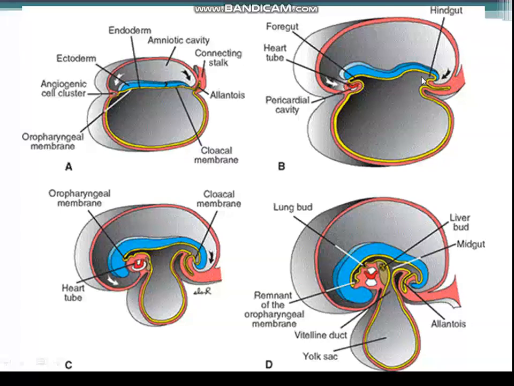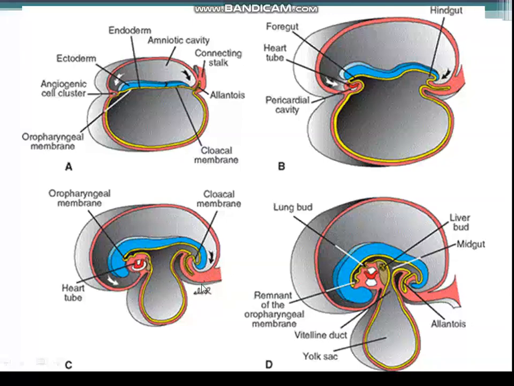The primitive gut is lined by the endoderm germ layer, and the yolk sac cavity together with the allantois will remain outside of the embryo, so the embryo body is developing here.